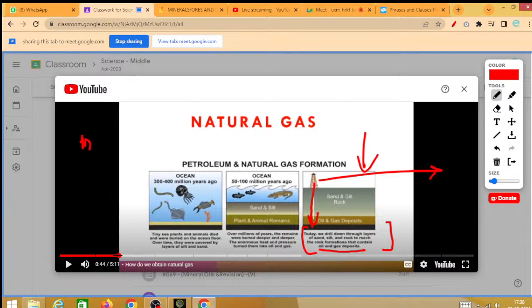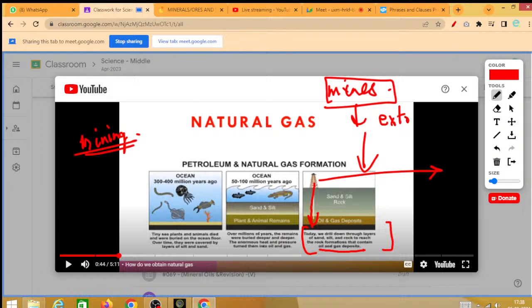So what is happening? When we drill down these holes, we are basically mining. So we actually have lots of mines through which we extract these natural resources. How do we do that? This is a completely different segment in which lots of people, the miners, work.